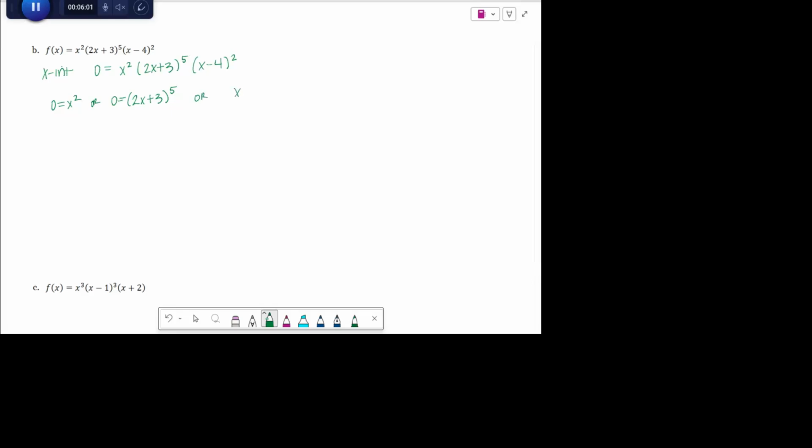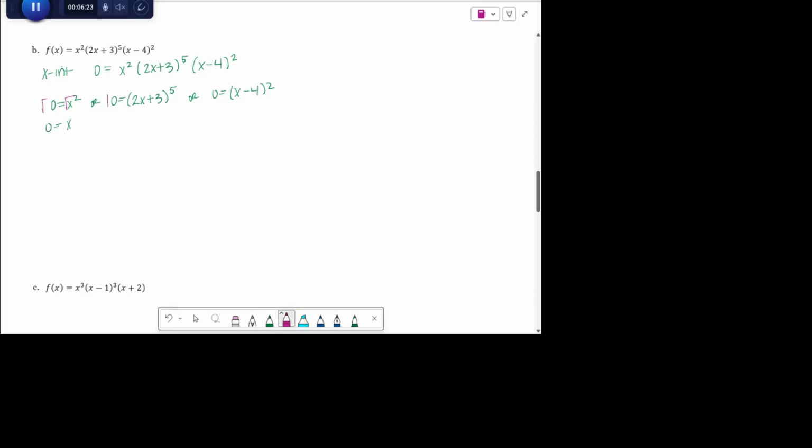And then (x minus 4) squared is equal to 0. For the first equation here, if I take the square root of both sides, I'm going to get that x is equal to 0.